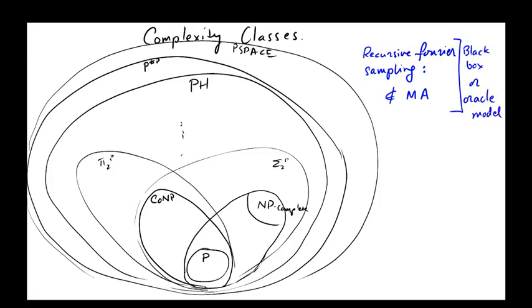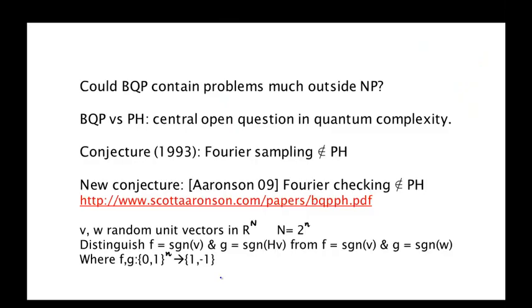Okay, so now what should we think about BQP? The idea is that BQP doesn't contain the NP-complete problems. It instead is some sort of complexity class which heads out like this, and it contains recursive Fourier sampling. How far it heads out into this whole thing, we don't yet understand.